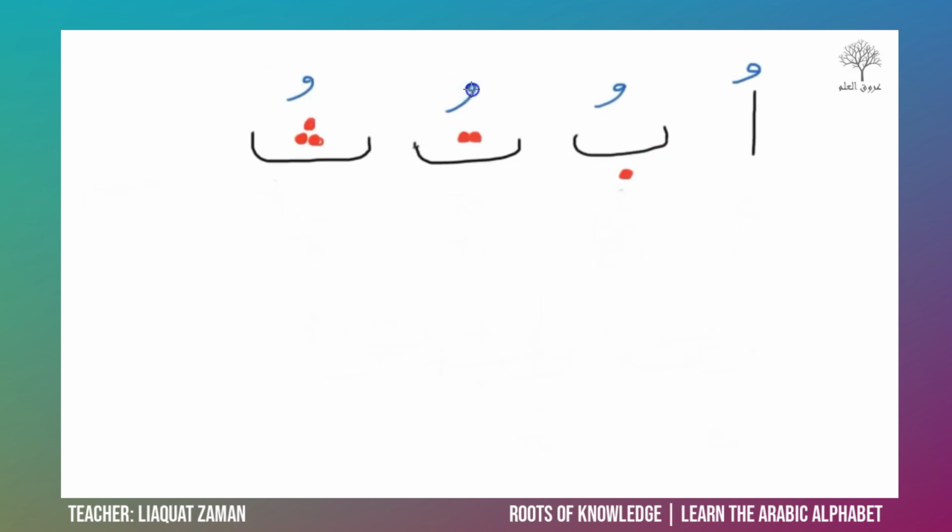With this symbol, you pronounce it as u. Bu. Tu. Remember this boat with the two dots looks like teeth. So tu. And thu, the three dots. Thu. U, bu, tu, thu.